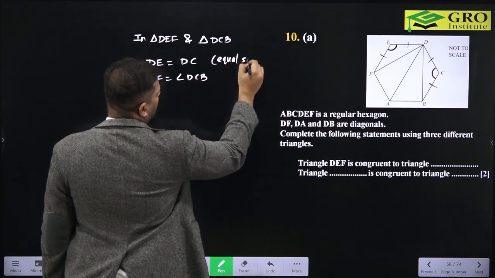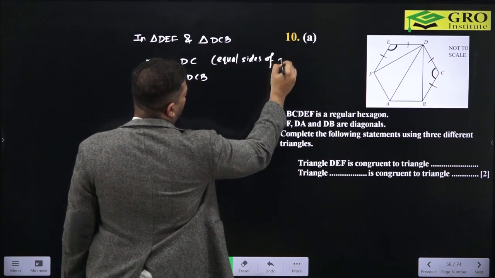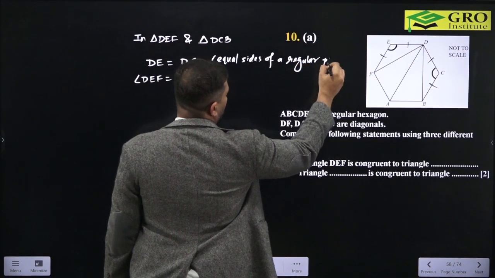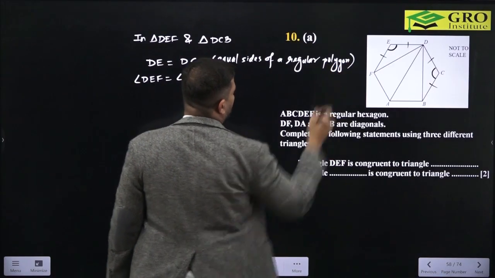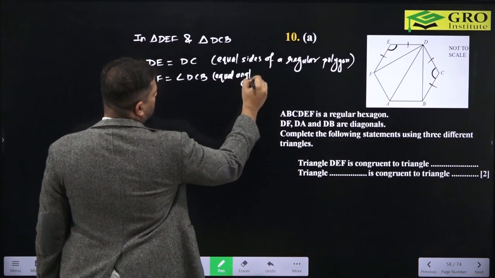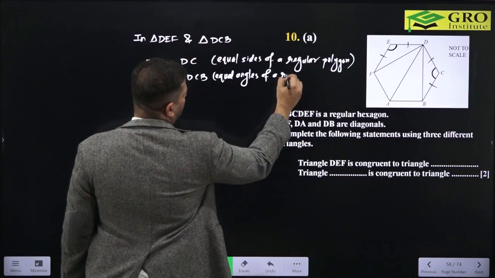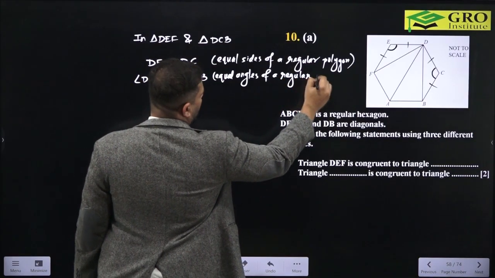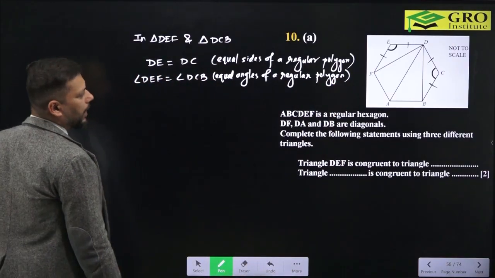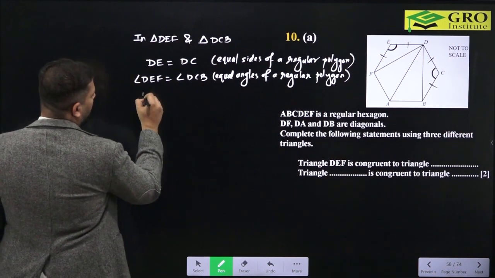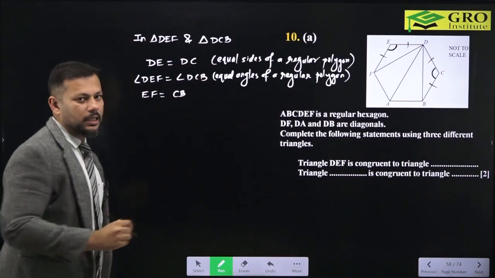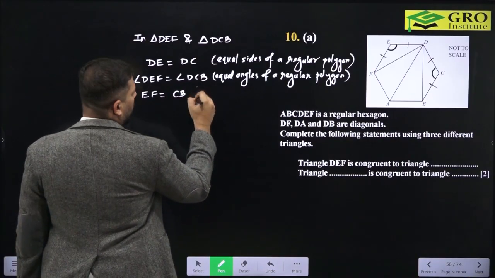Equal sides of a regular polygon, isn't it? And here, equal angles of a regular polygon, isn't it, guys? And again, when we come back to this last, EF is equal to CB, so that makes it equal sides of the regular polygon.